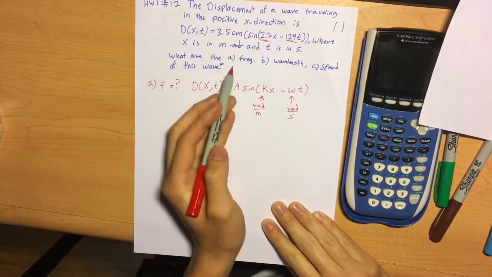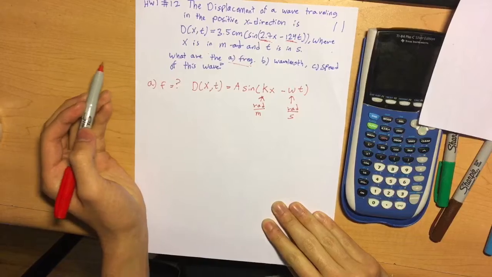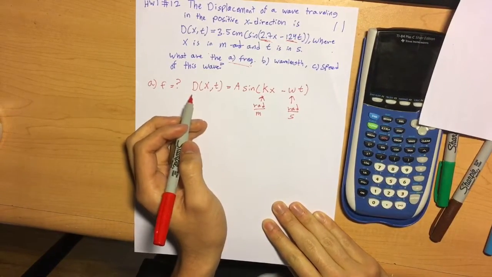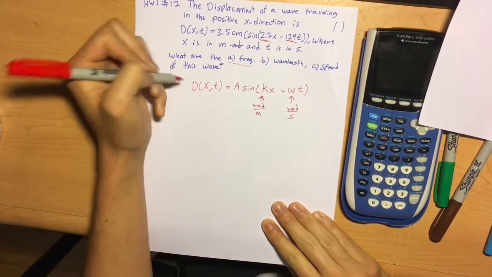So first thing we need to do is find the frequency, and we can do that by thinking about what the equation is for a wave.